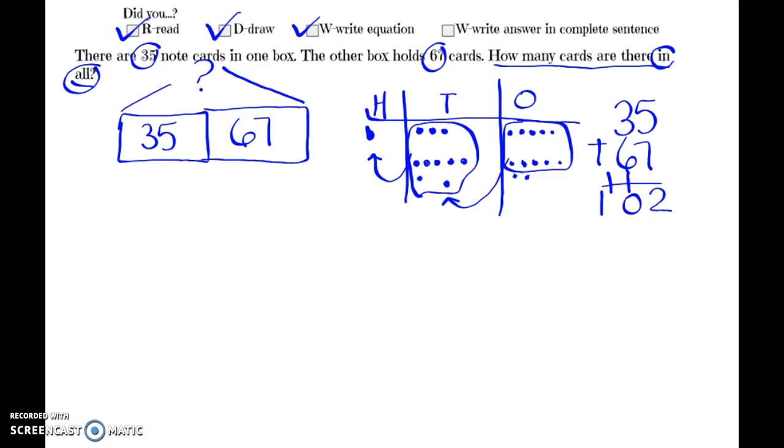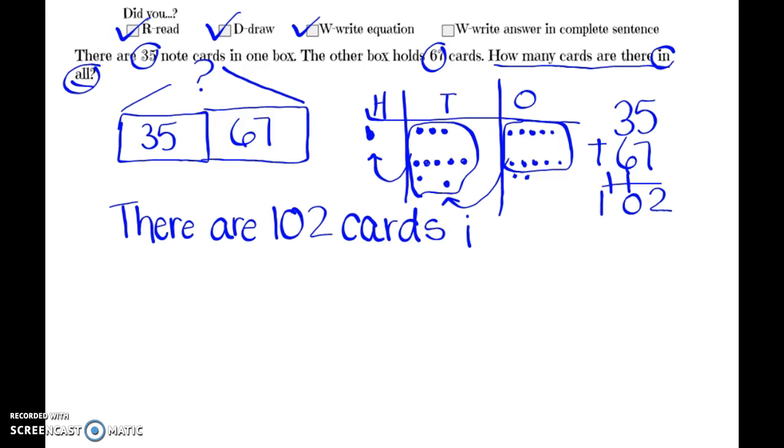And that would read, there are 102 cards in all. Go ahead and pause the video as you write your complete sentence in your journal, and then press play when you're ready to continue.